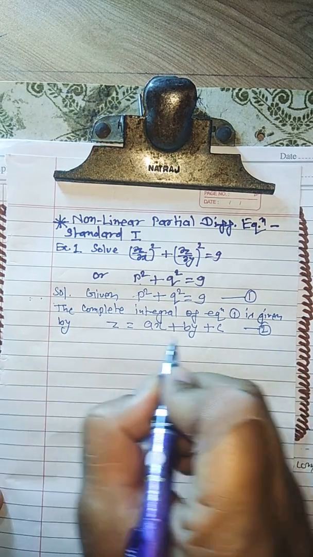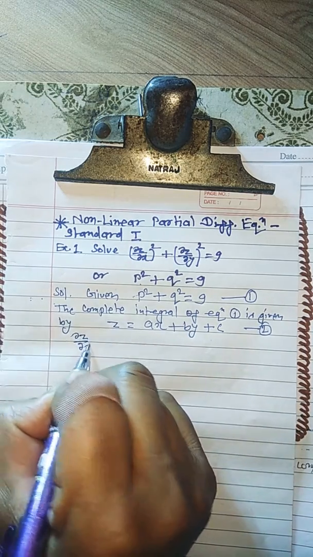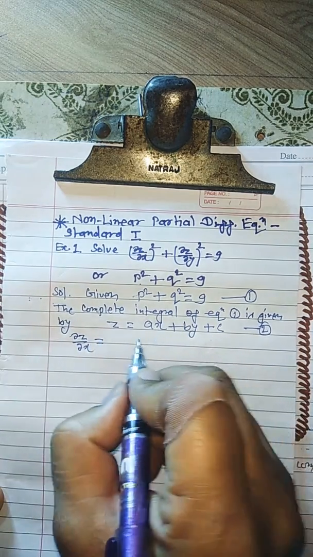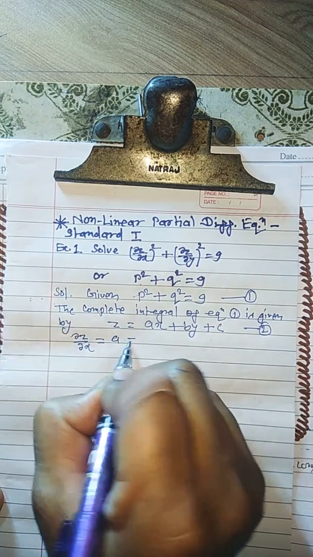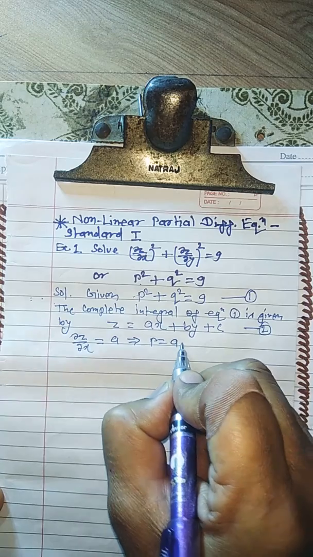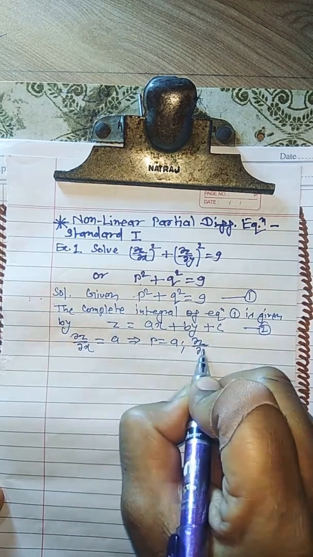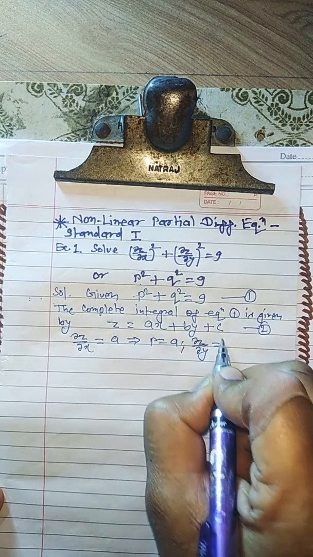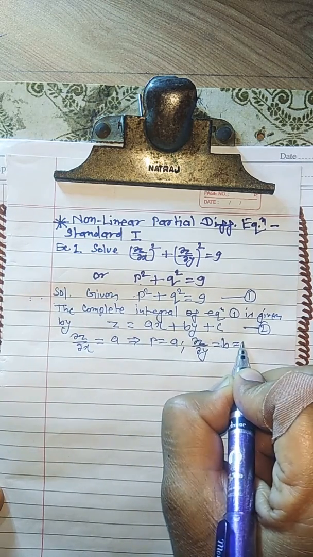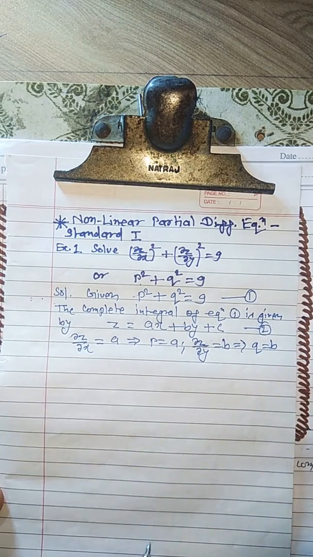Now differentiating 2 partially with respect to x, we get here del z upon del x is equal to a, that is p is equal to a, and when we differentiate 2 partially with respect to y, we get here del z upon del y equal to b, that is q is equal to b.